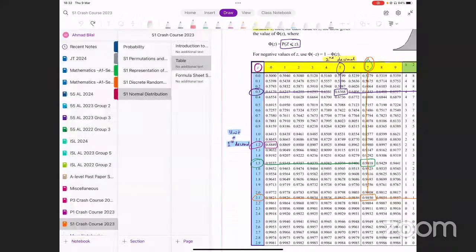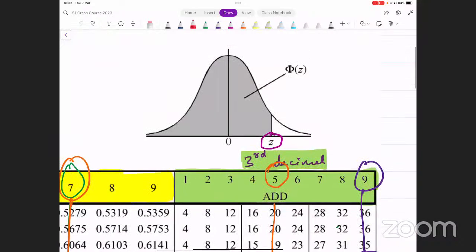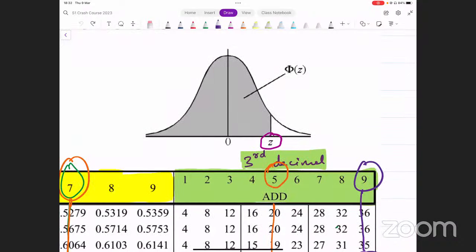But remember, the table only gives you the area to the left of a value of z. So if you have a value of z here, the table is going to give you the area to the left of this value of z. And there's another condition: the value of z should be positive.